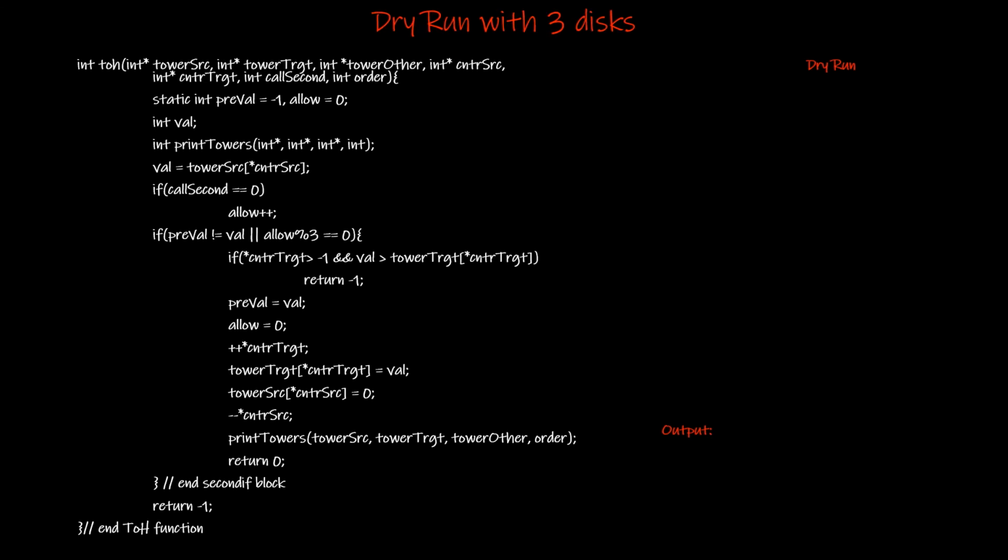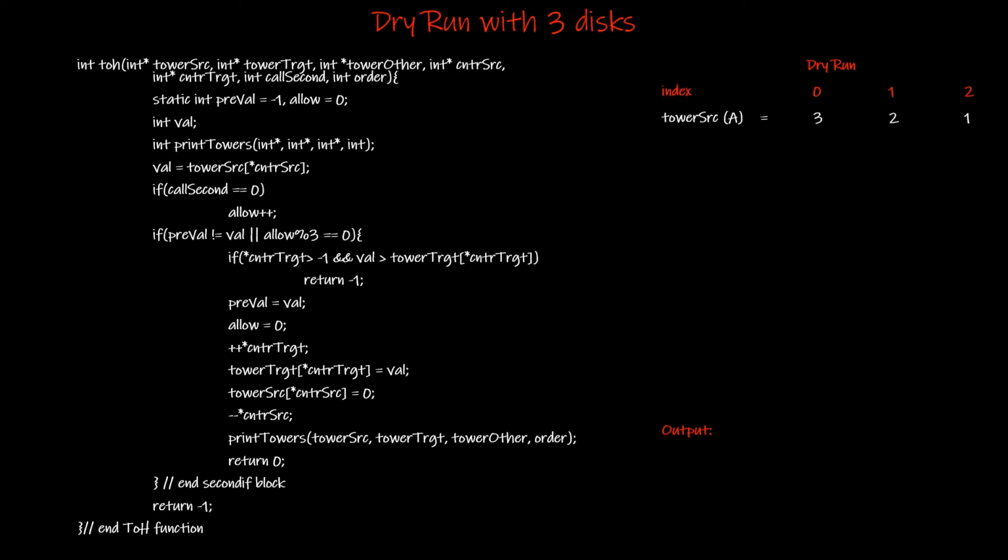So now the control is in the Tower of Hanoi or TOH function, and here we have these parameters: tower source, tower target, and tower other created. We also have integer pointers for counter source and counter target created, and variables called second and int order.